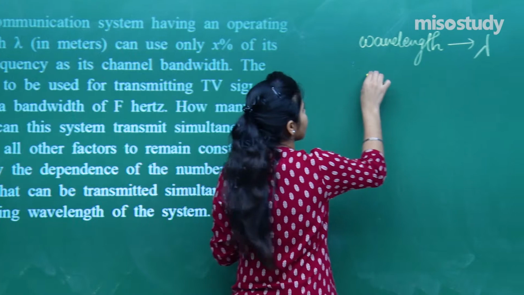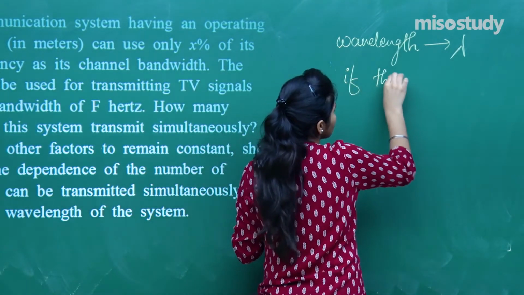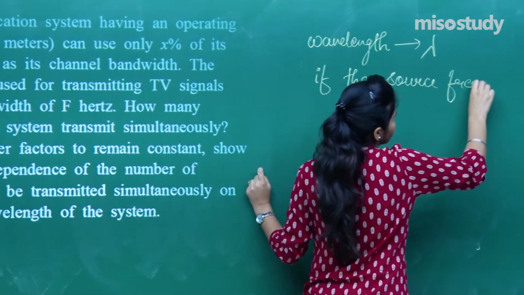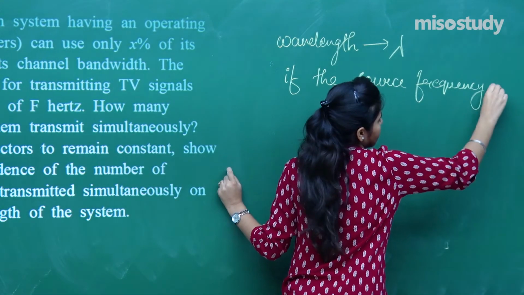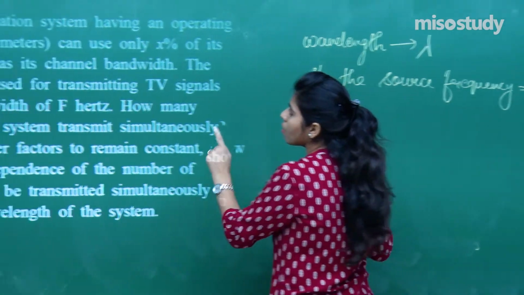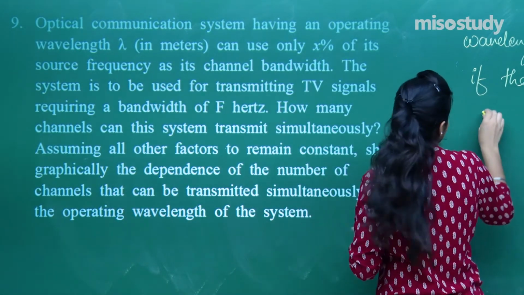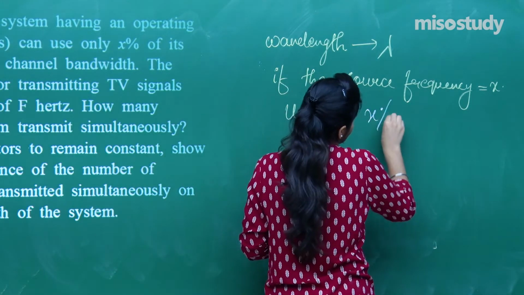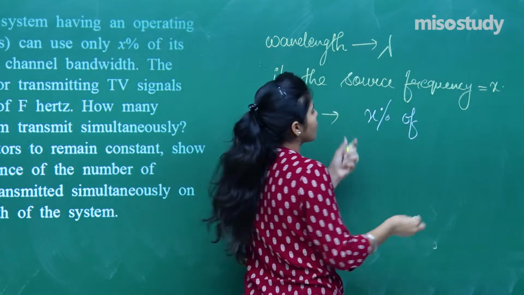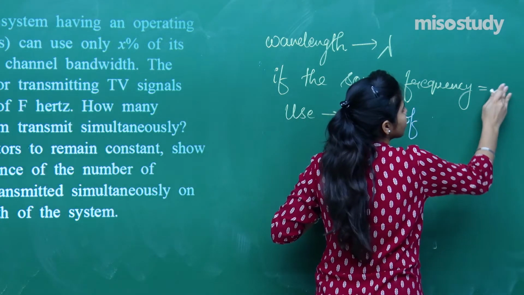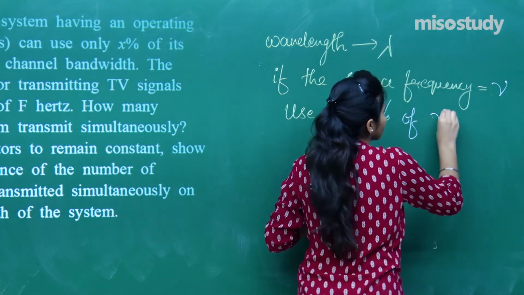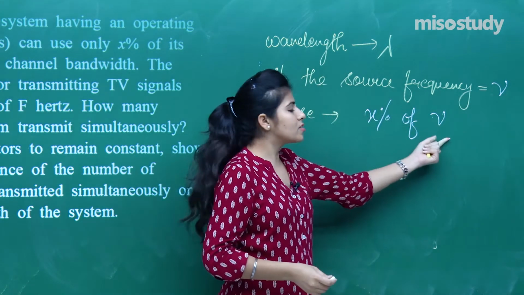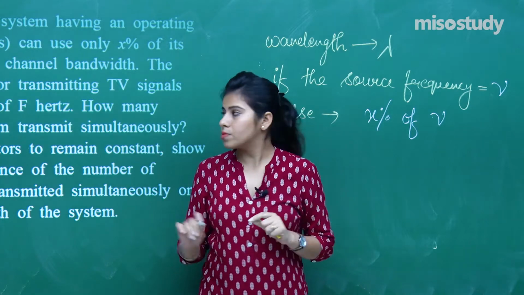So let us say the source frequency equals X, so we can use only X% of source frequency. Oh sorry, I have considered this as nu, because I am considering the frequency as nu. So X% of nu will be used.